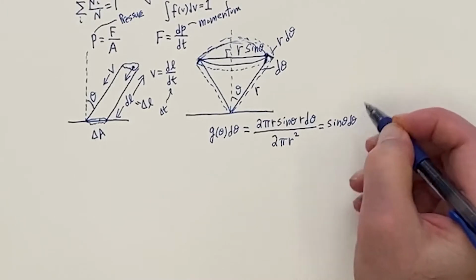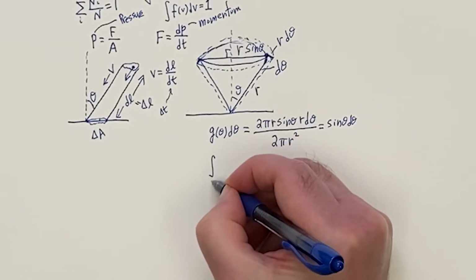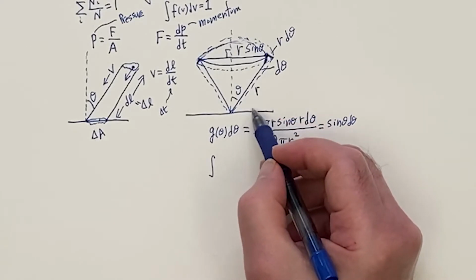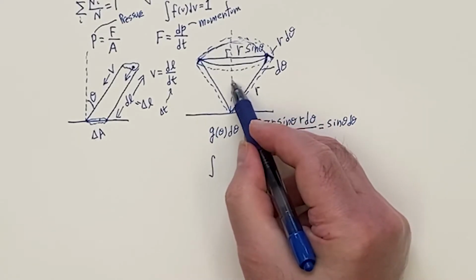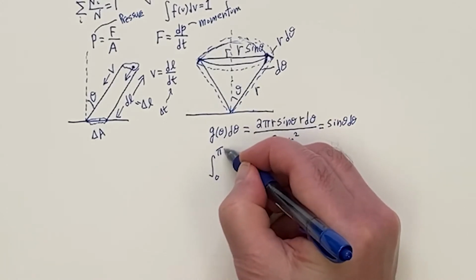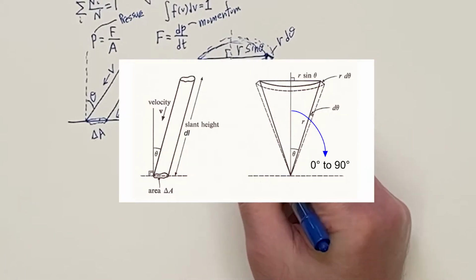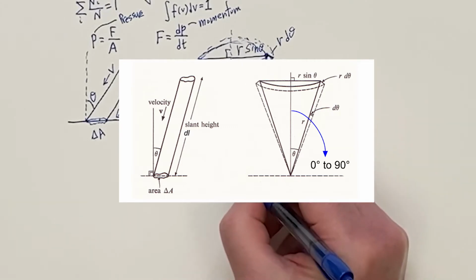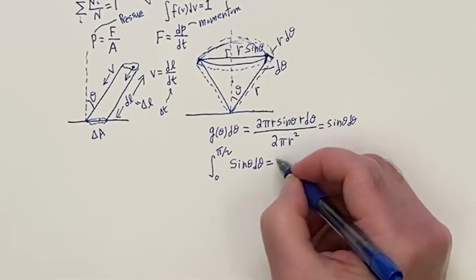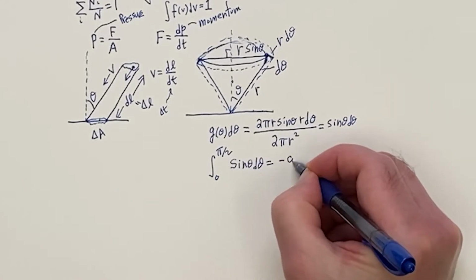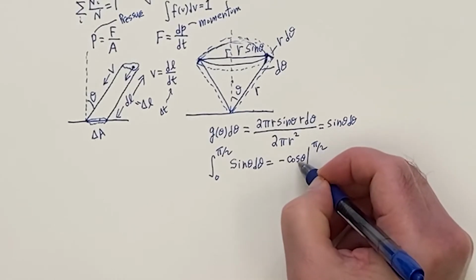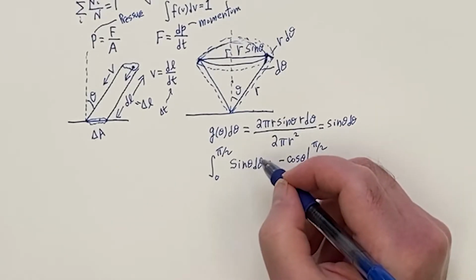Now we can check to make sure that if we integrate here, from 0 to pi over 2, that is 0 to 90 degrees, of sine of theta d theta, this is going to get us minus the cosine of theta from 0 to pi over 2, because the derivative of the cosine is negative the sine.